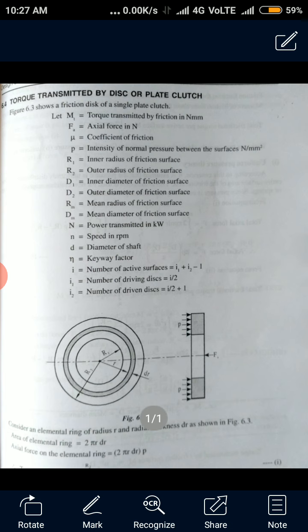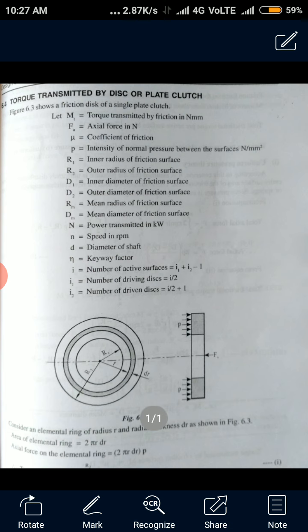The driving shaft is rotating constantly. When you engage the gears by means of the clutch, the driven shaft is moved near to the driving shaft. That movement is by the spring force, which is called the axial force Fa.